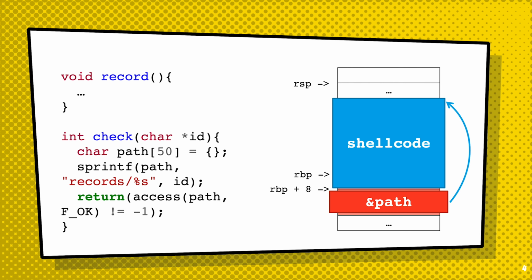When the vulnerable function returns, the saved return address will be copied back to RIP. Since the address is the shellcode start, RIP will start to execute from the shellcode address, which we put into the saved return address.